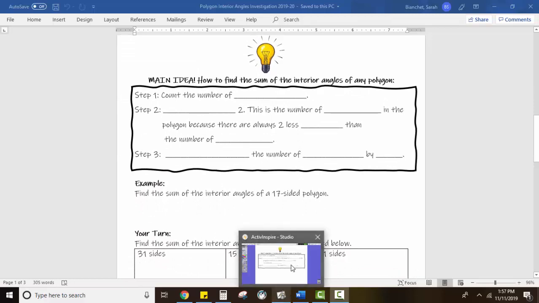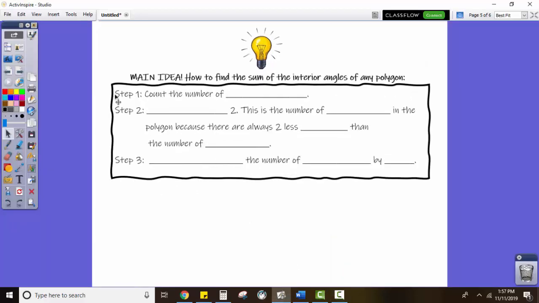If you flip to the back, you'll see the light bulb at the top and it has the main idea. So this is the main idea that you should have gotten: how to find the sum of the interior angles of any polygon. No matter how many sides it has, this is what you can always do to figure out the degrees. So you're going to go ahead and write this down. Step 1, you're going to count the number of sides on the polygon. Step 2, then you subtract 2.